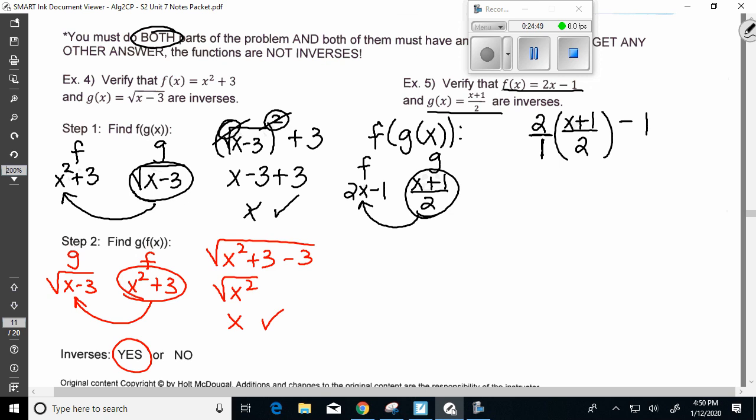Notice that this 2 and this 2 are diagonal to each other, and they divide out. That gives you x plus 1 divided by 1, and x plus 1 divided by 1 is x plus 1. And look at that, 1 minus 1 is 0. X. Checks.